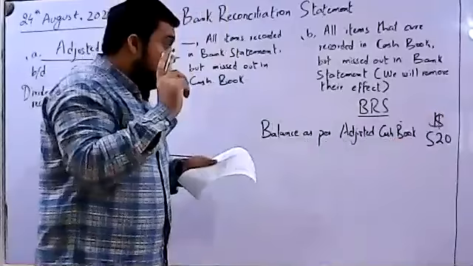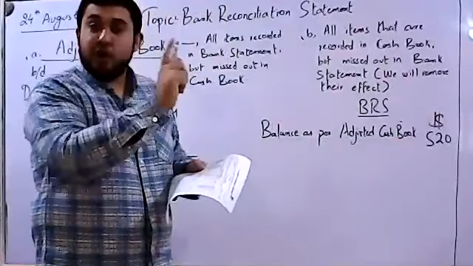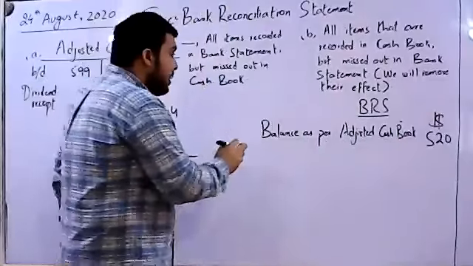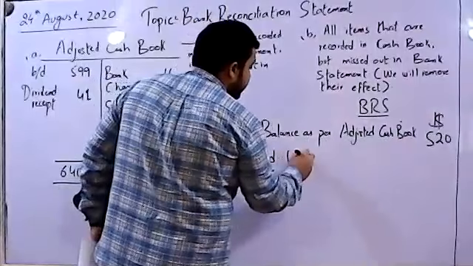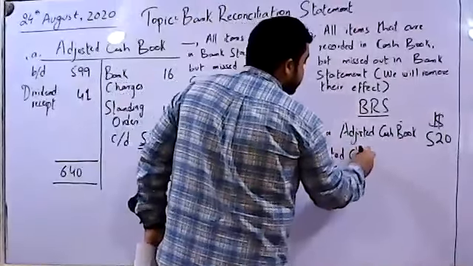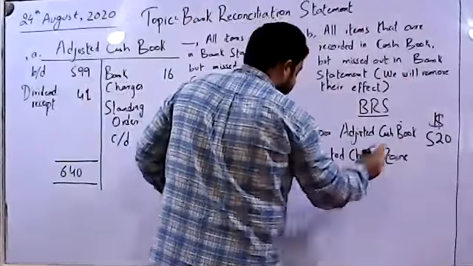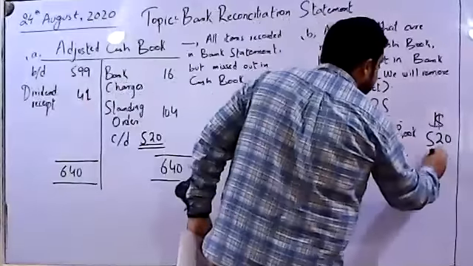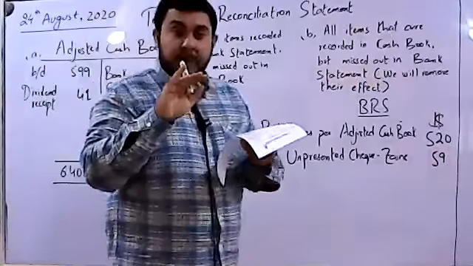So until and unless it is presented and deducted from our bank statement, we will add it back to our balance to reconcile it. Unpresented checks, Zen. And how much is it? It is 59.